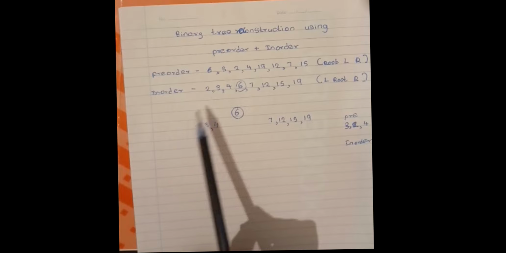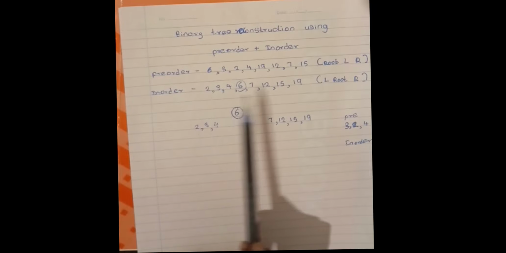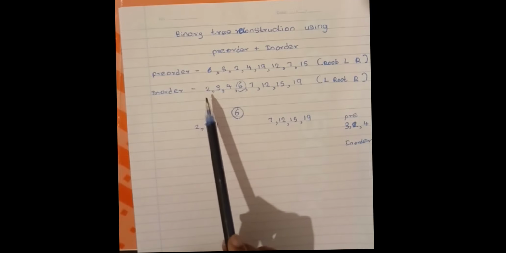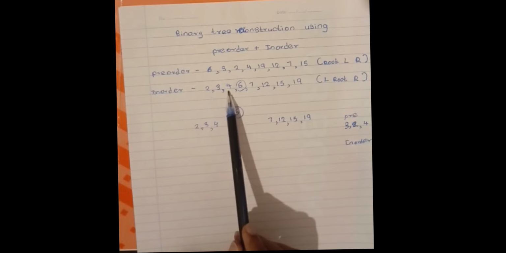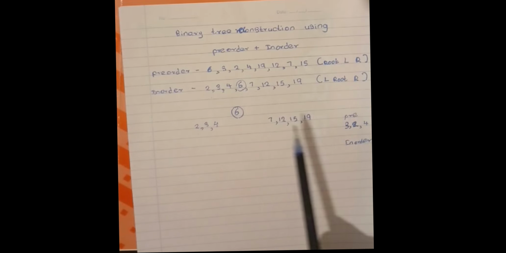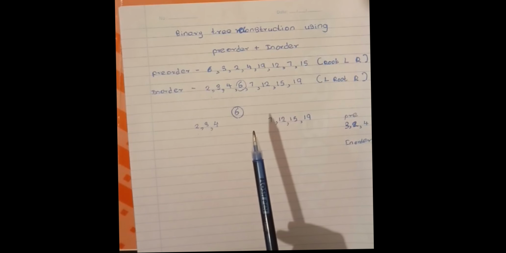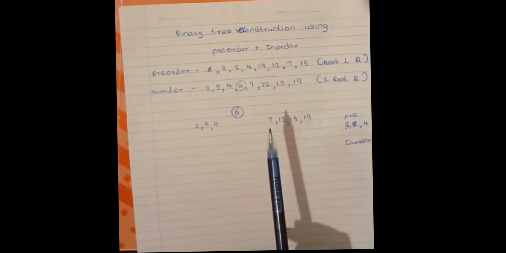And in Inorder traversal, we should assemble it in ascending order, and we will get 2, 3, 4, 6, 7, 12, 15, 19. Our goal is to reconstruct the binary tree that produces both these sequences.